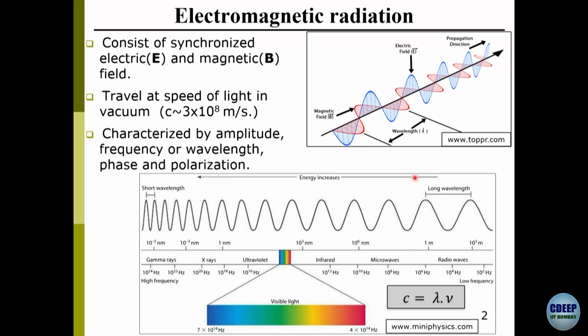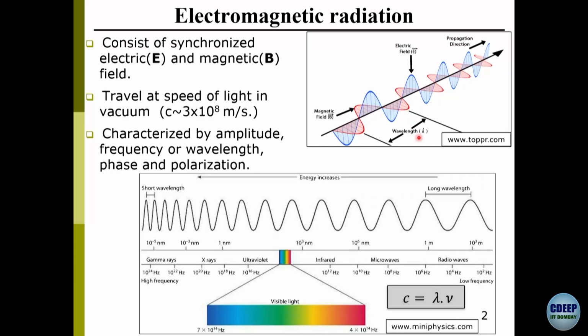but I think it's a good idea just to review the minimum number of things that we have to keep in our heads while going forward. So all of us are aware that electromagnetic radiation is really to do with the interaction between electrical fields and magnetic fields, and that's what solar radiation is.